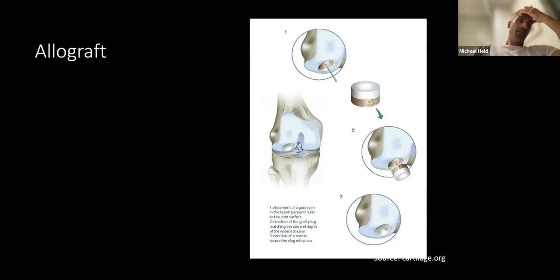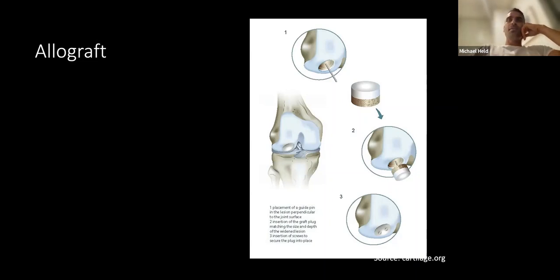So it's a process that's quite complicated to organize, because you have to have a donor that is willing to donate, and that is basically tested for disease, and then you have to have a recipient that is basically available to receive this within a week or so.